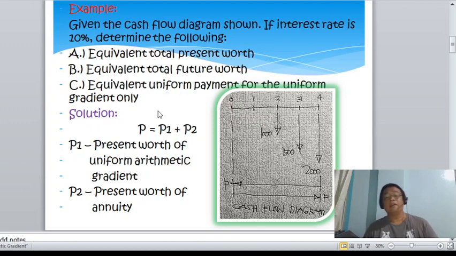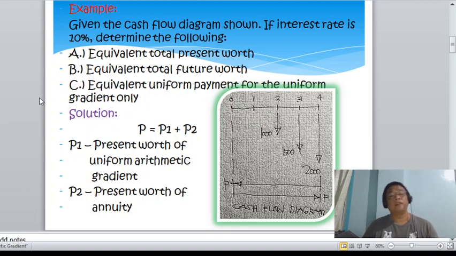But anyway, we also have some step-by-step solution for this. Okay, so in determining the total present worth, P is equal to P sub 1 plus P sub 2. So what is this P sub 1 and P sub 2?